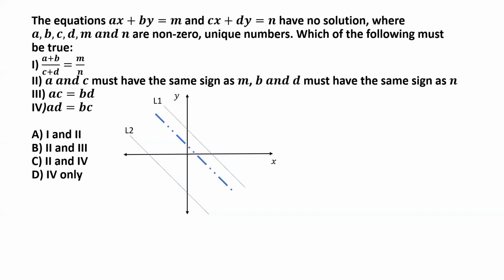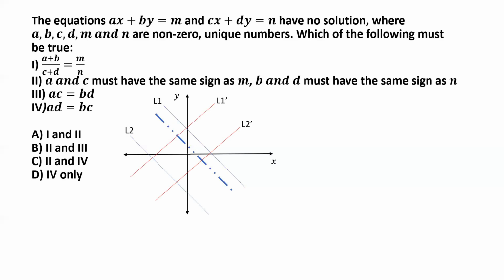In other words, they must have the same or equal slope. However, the sign of the slope does not matter, because the lines I've shown here have negative slopes, but we can have two parallel lines like that, let's call them L1 dash and L2 dash, with positive slopes.